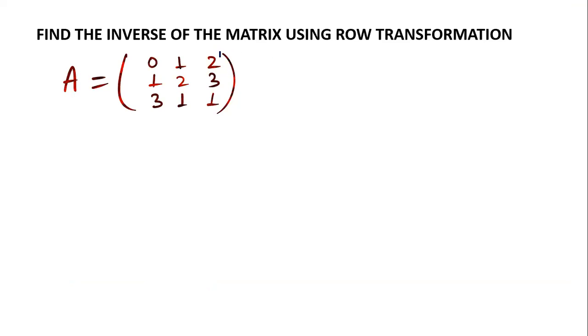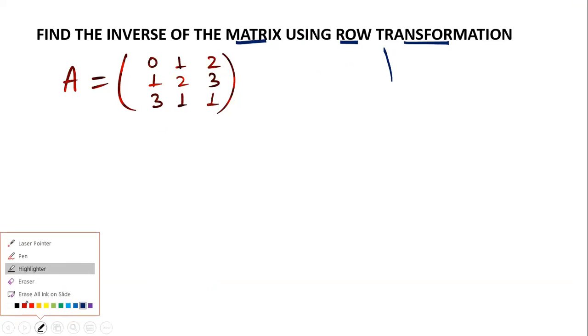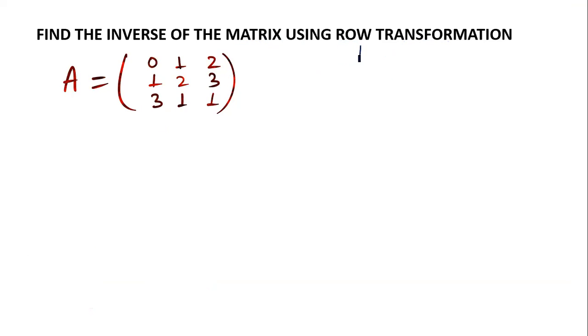Find the inverse of the matrix using row transformation. This is the matrix. First of all, we will write down the pattern. What is the pattern? 1, 0, 0, 0, 1, 0, 0, 0, 1.